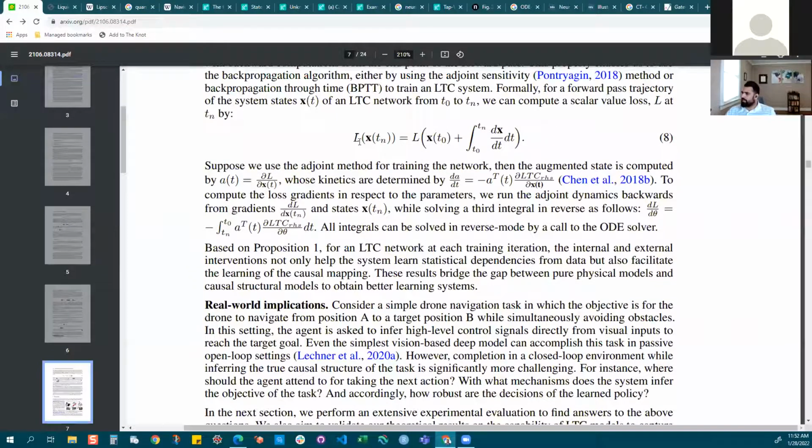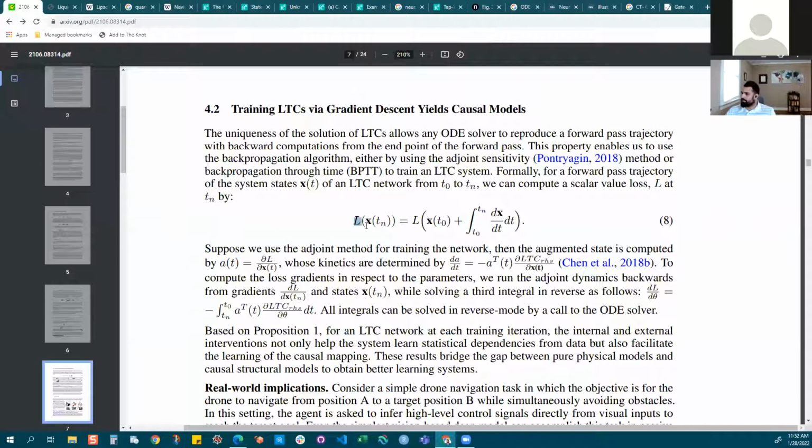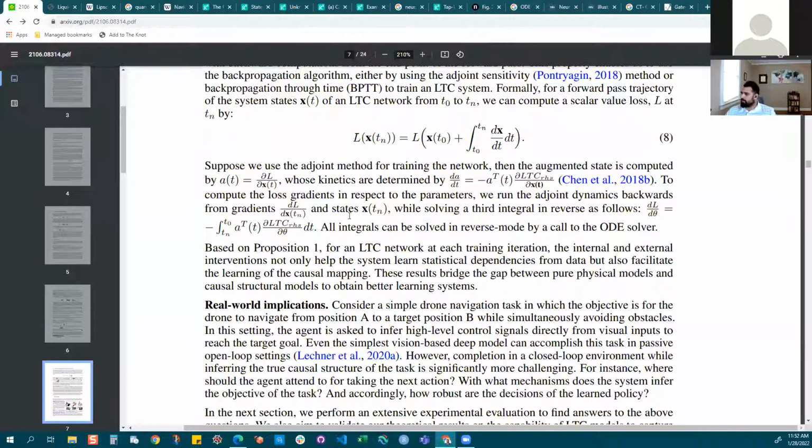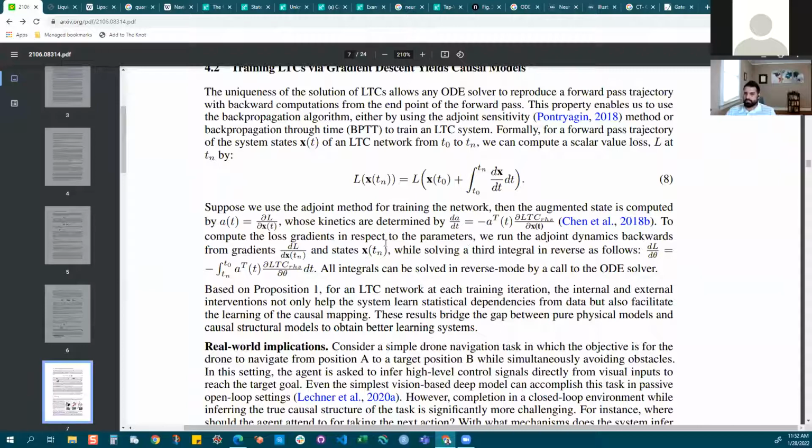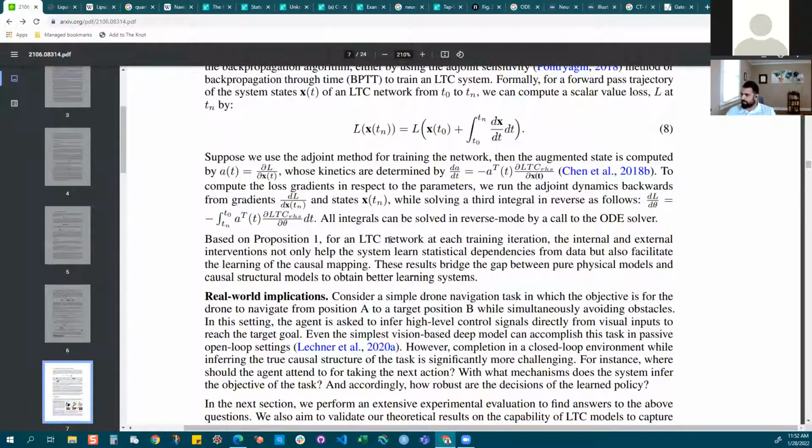L here is the loss function for this neural network, and the loss function includes an integral of a differential equation, and as we saw, it has only one unique solution. Then they talk about more details of how solving this loss function can also contribute to establishing causality.